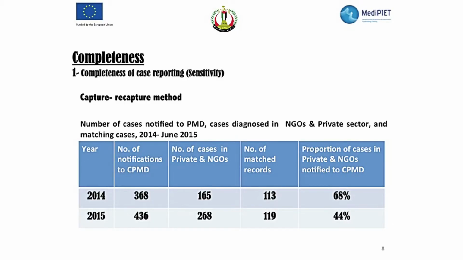The second source is cases diagnosed in private and NGOs, column 3. After that, we identified the matched cases in the two sources, column 4, and we found that about 68% of cases in private and NGOs were notified to the Central Preventive Medicine Department in 2014, and only 44% in 2015.